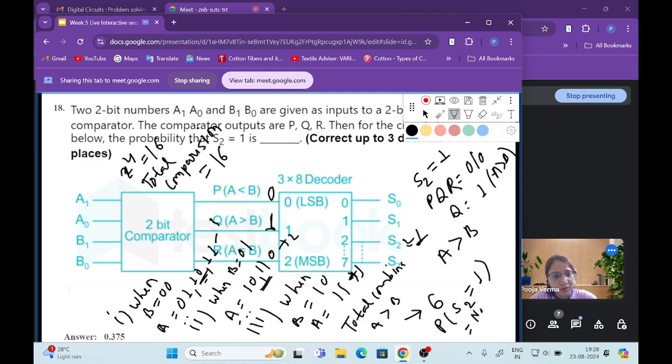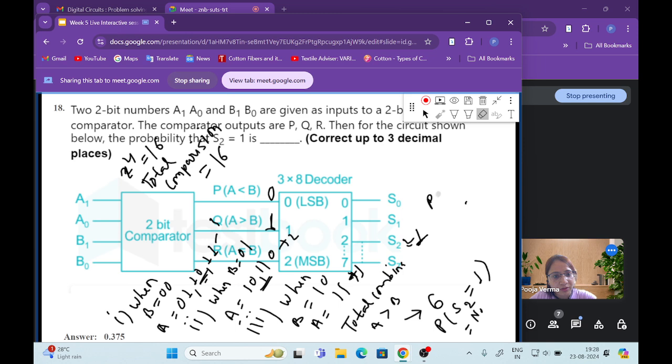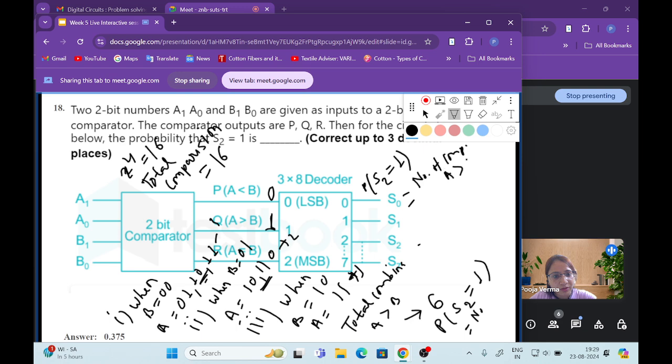Maybe I don't have a space, so I can write it from here. So I'm writing here P, probability of S2 is equal to 1 will be number of comparisons where A is greater than B, and total number of comparisons.